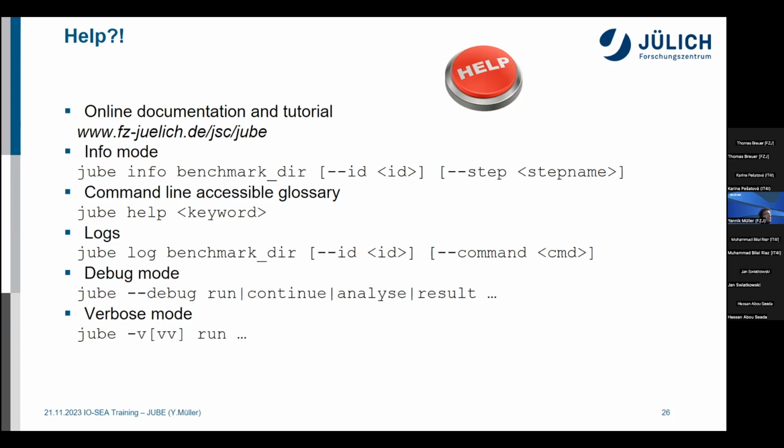tutorials. And you can see the log files that JUBE produces with JUBE log, and you can run in a debug mode where basically there are no jobs being submitted or anything, no do's being executed, but it will try to expand the parameter space and resolve the dependencies and so on.